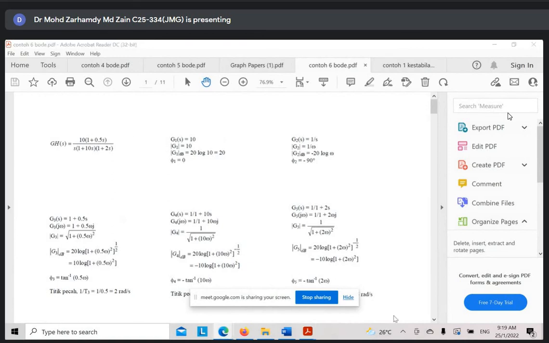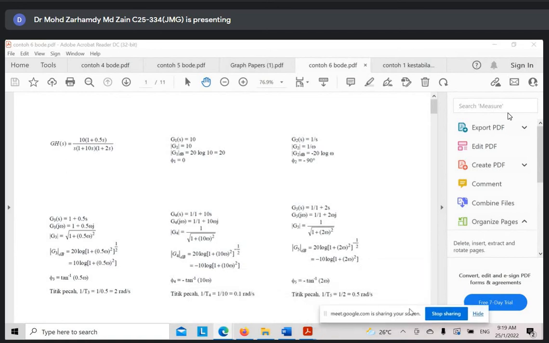In this case, we will estimate 5 G. G1 represents gain, G2 is 1 per S, G3 is 1 plus 0.5S, G4 is 1 plus 10S, G5 is 1 plus S squared. So you describe it in terms of phase and gain.